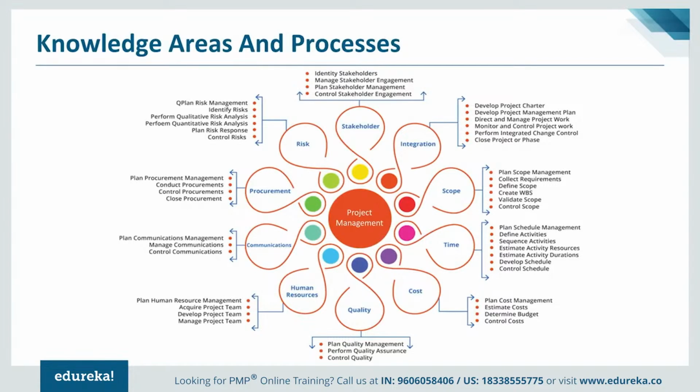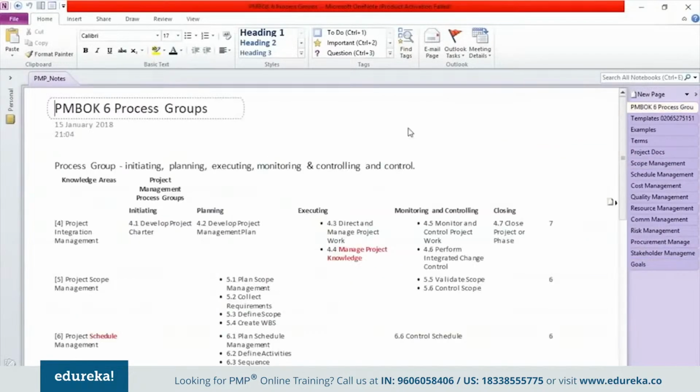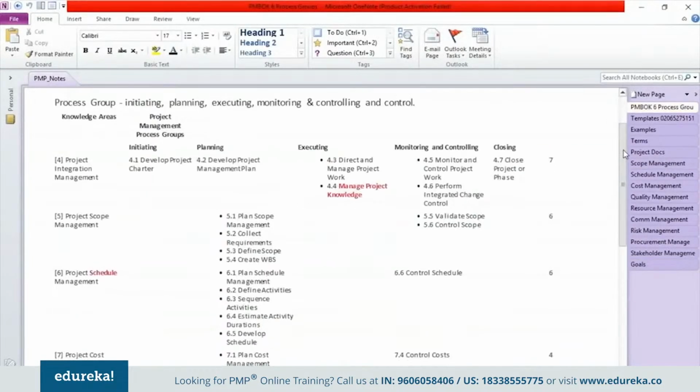And of course, there are process groups. So those process groups will be your initiating, planning, executing, monitoring and controlling, and closing. So these are the process groups, and all these knowledge areas and processes are actually going to be a part of these process groups and the knowledge areas. So maybe I would like to just very quickly show you this.